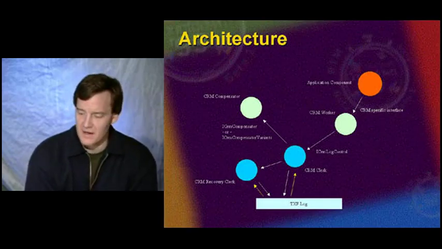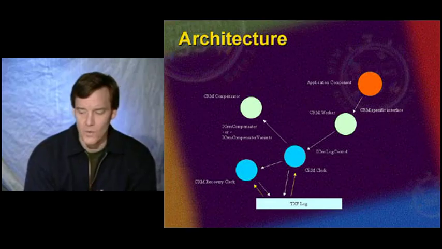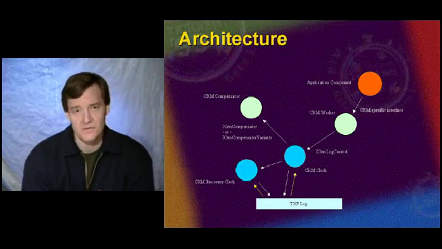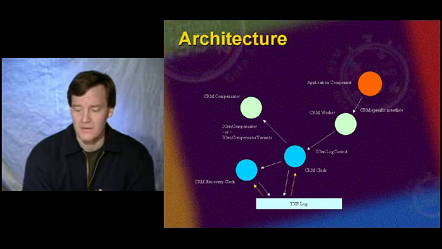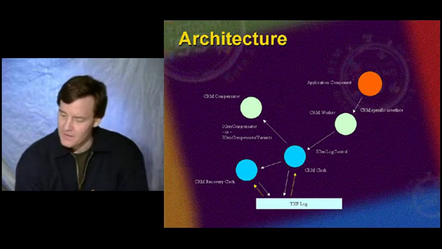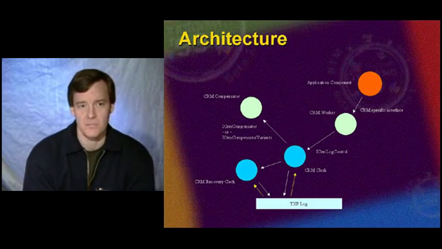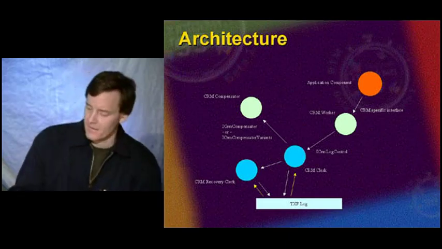Now all of this architecture here, all of this picture is in one application server process. And the TXF log at the bottom has its own log file. So there's one log file per application server process. The other thing I should mention at this point is the CRM recovery is done when that application server process starts up. And I'll cover that in more detail later on.